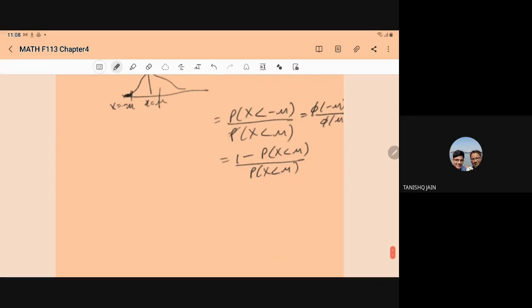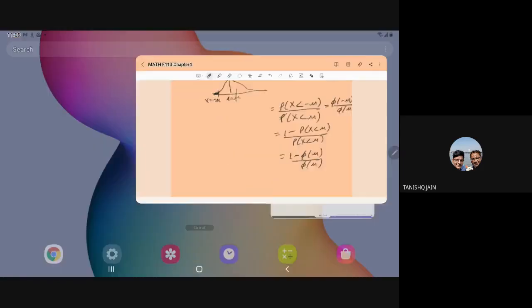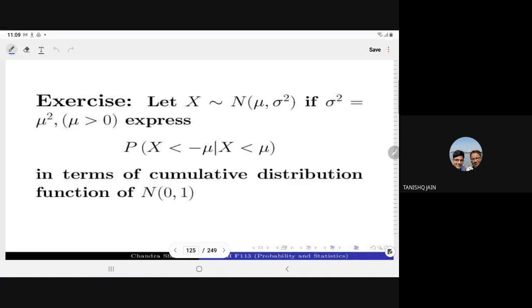Or this can be written as 1 minus phi of mu upon phi of mu. So this we have to write in terms of the cumulative distribution function 0, 1. Clear?